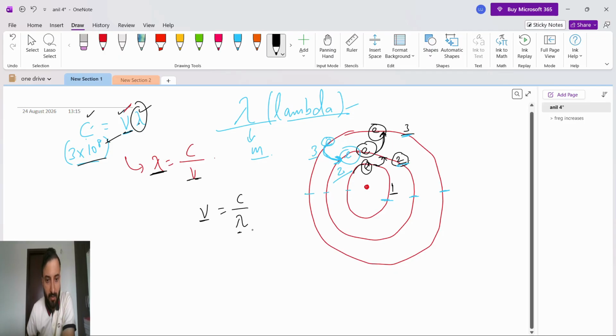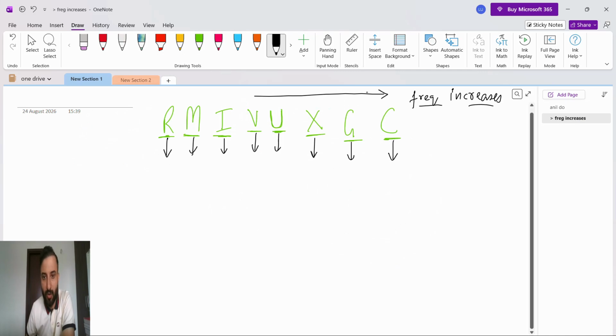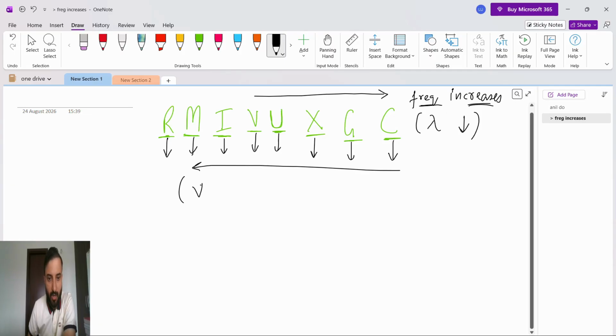If you are moving this side, the frequency is increasing, so wavelength is decreasing. If I am moving the other side, frequency decreases, and if frequency decreases, then wavelength increases, because frequency and wavelength are inversely proportional to each other.